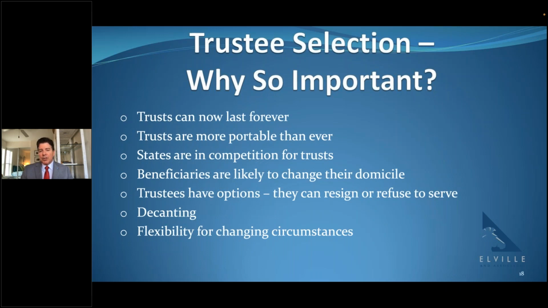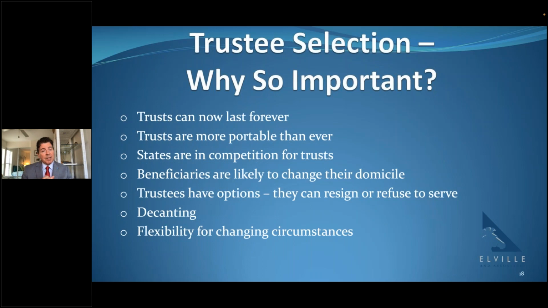Why is it also important? Trustees have options. They don't have to serve. I don't want to be discouraging, but we need to make sure that our trustees are willing to serve. What if we appoint someone who at the time of need, when we die or we're incapacitated, they refuse to serve? I've got two situations in mind very briefly. Remember, corporate fiduciaries can oftentimes refuse to serve. You have to install a trust protector to make sure that if that corporate trustee refuses to serve, another one can be appointed.